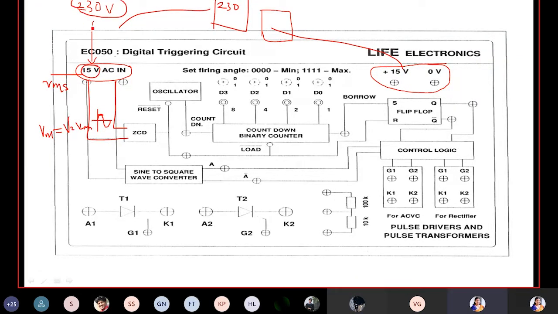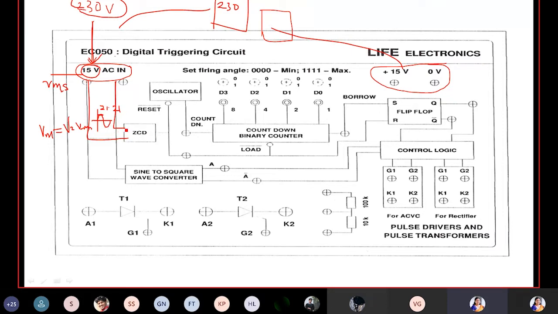From 230 we have stepped it down to 15. VRMS is 15, 15 into root 2 is 21.21. So at this point, a sinusoidal signal with a peak value of 21.21 will be available.